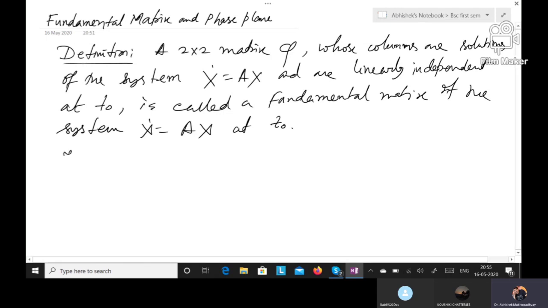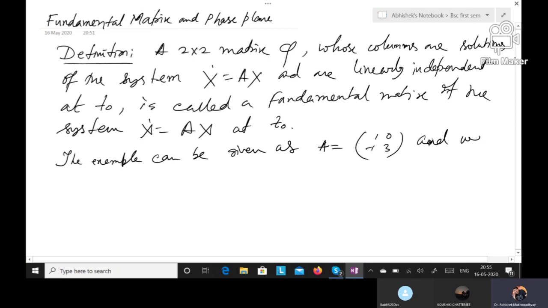The example can be given as A is 1 0 minus 1 3, and we consider the system x dot equal to Ax.